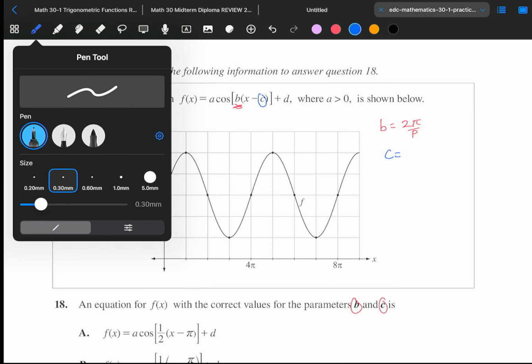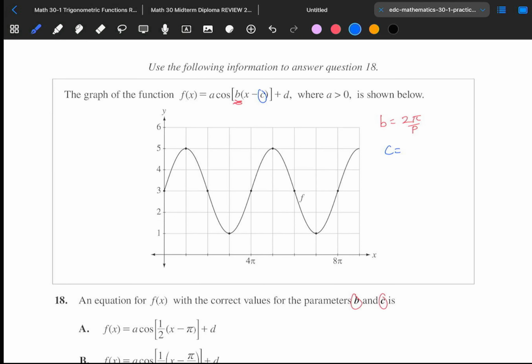Now, the way you actually find this is you're going to look. If we have a cos graph and a is greater than 0, meaning there's no reflection in the x-axis, your y equals cos x is going to look like this. So it's going to be the first maximum after the y-axis.